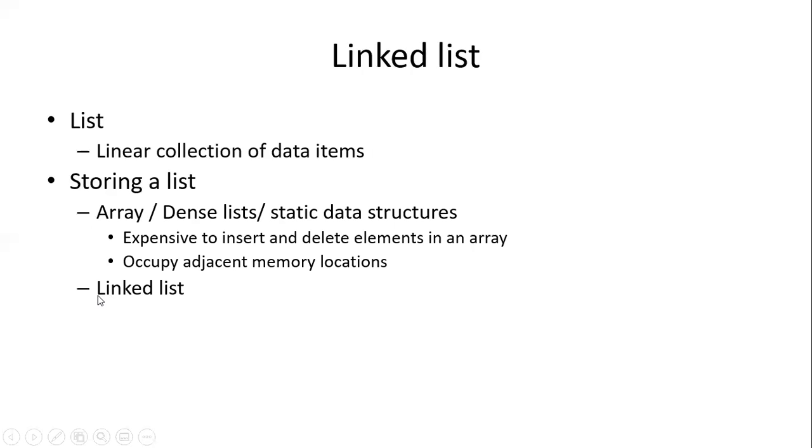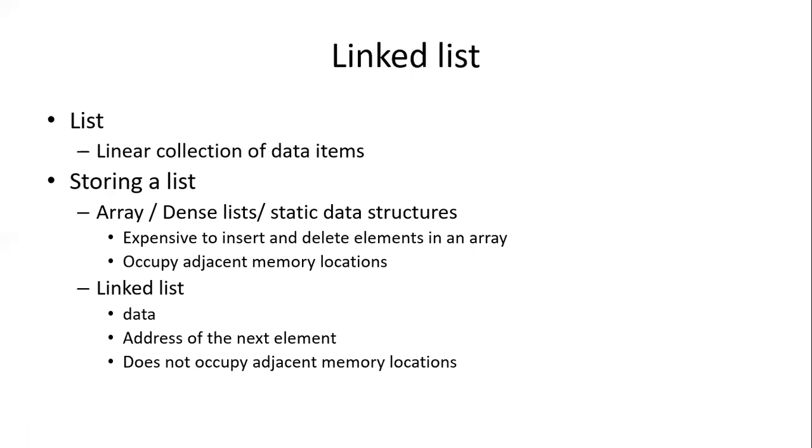And the third one available here is called the linked list. To store a list, we can make use of the linked list. A linked list has different sections. A node will contain data, and also it will contain the address of the next element.